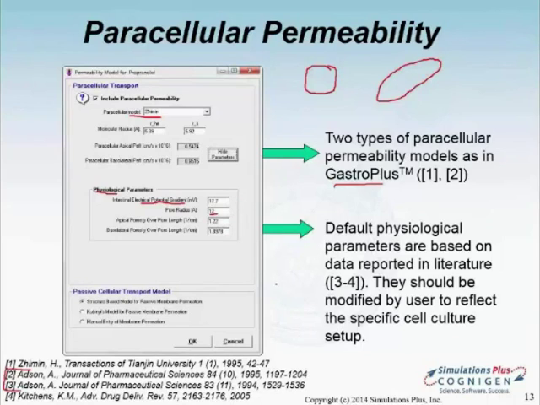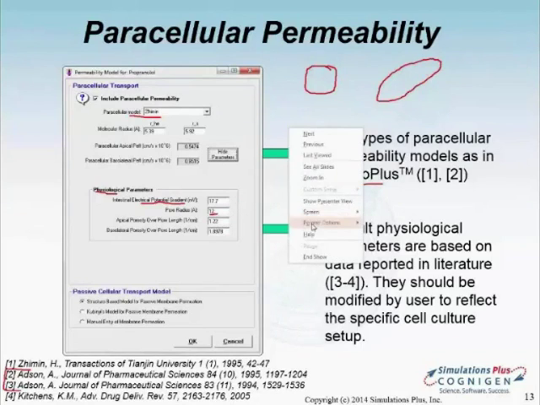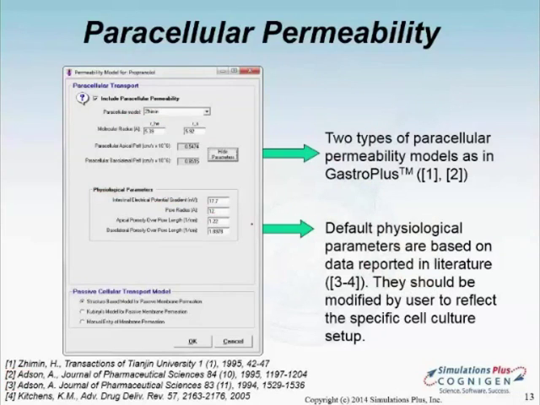And we do have a feature for back calculating the pore radius and porosity from mannitol very easily. If you have measured mannitol, you can enter the permeability into the program, and a simple double-click feature allows you to estimate that pore radius for your specific cell assay setup.